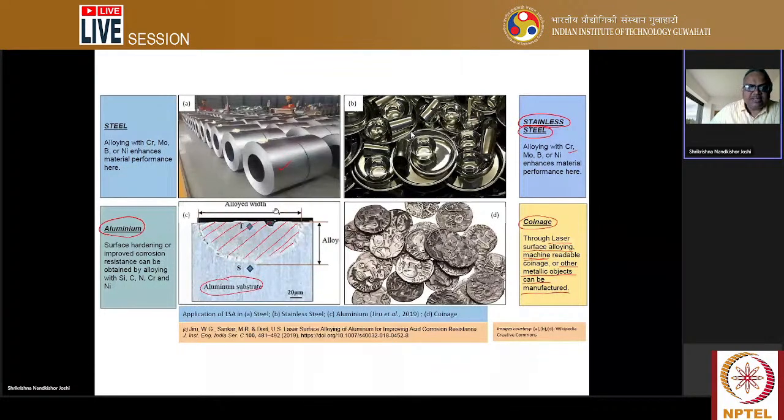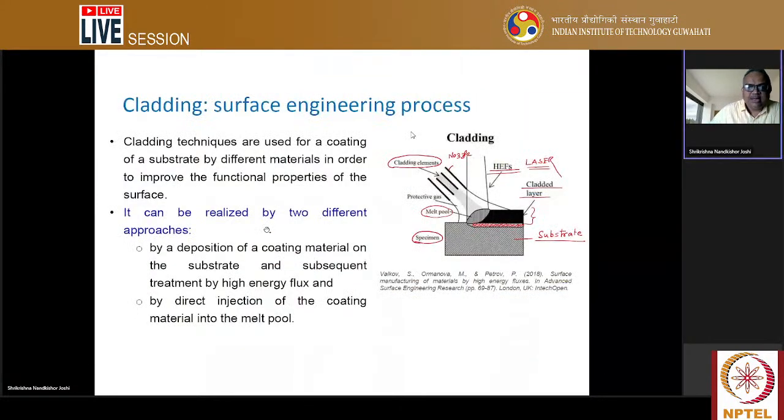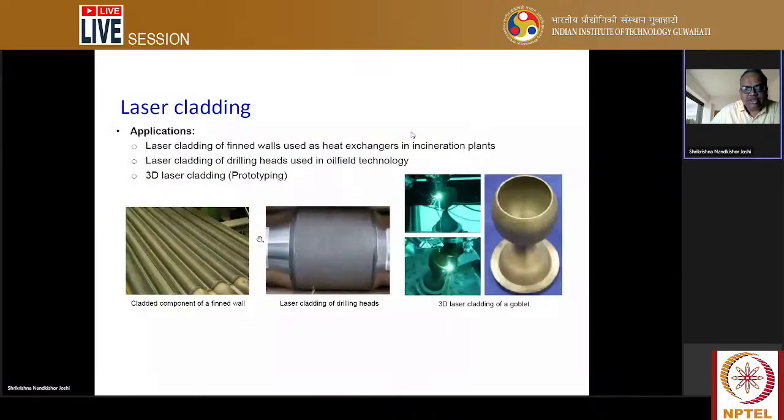Laser surface alloying is a surface process. In the clad, we do have a significant thickness of the deposition, and the dilution percentage is very low in case of the cladding process. So you must understand this very essentially. And then we have seen the dilution percentage and the process parametric studies of the same.